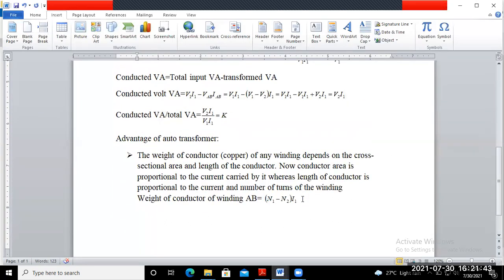Similarly, for the weight of the conductor of winding BC, the number of turns is your N2 and the current flowing is, sorry, I2 minus I1.